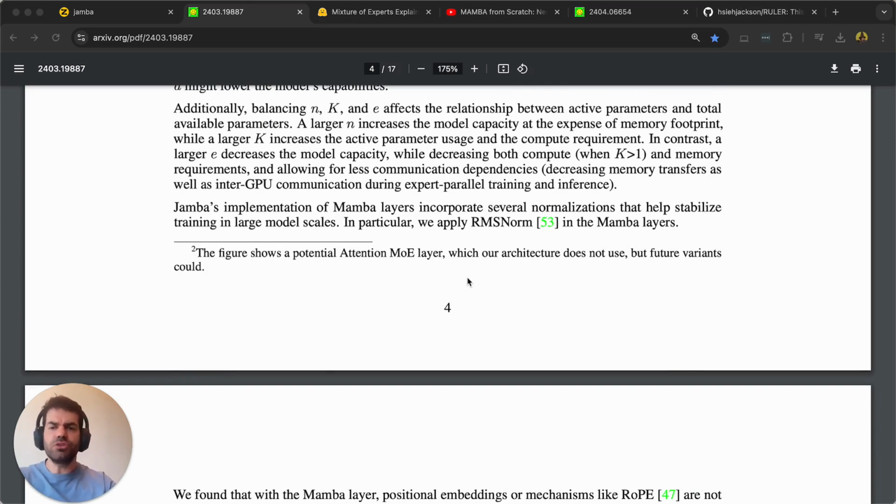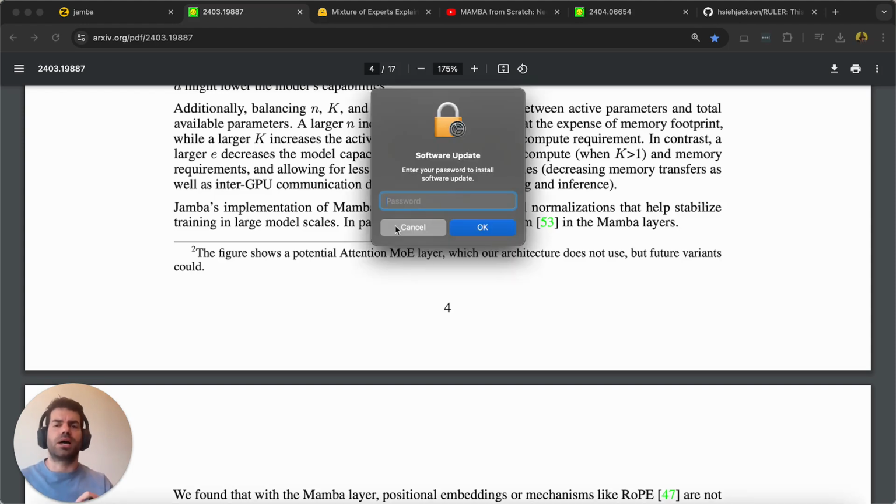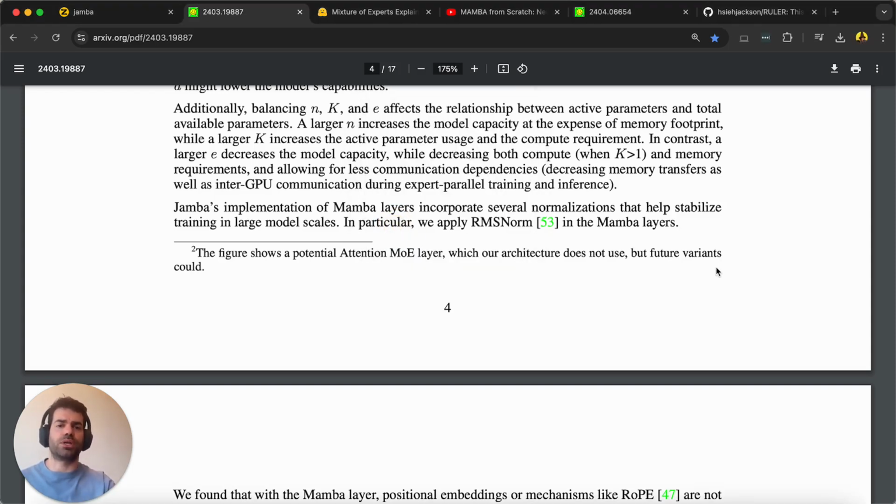I think the most interesting thing here is that they added RMS norm. This really helps the model to train. Remember, in the original Mamba paper we're talking about up to 1 billion parameters, which is amazing, the fact that they developed this architecture, but it doesn't hold when we talk about production.